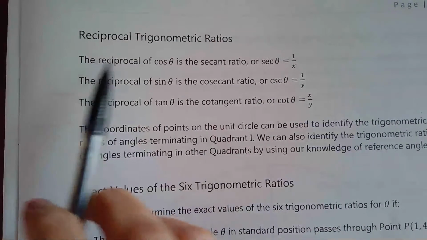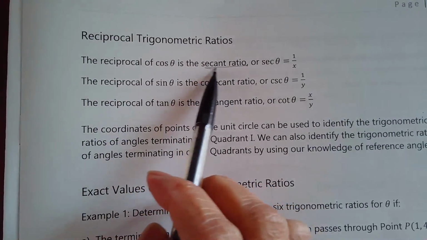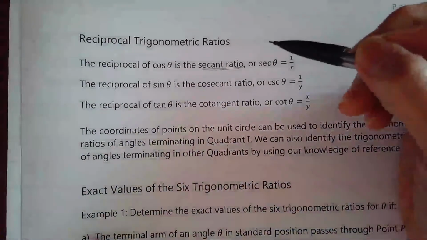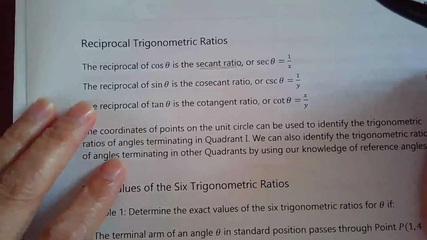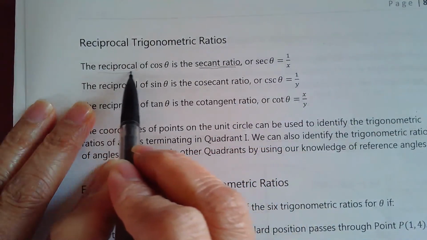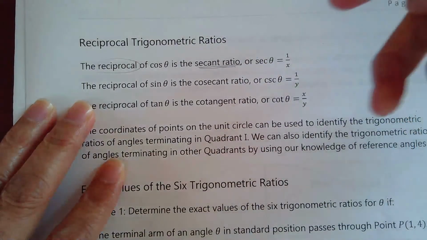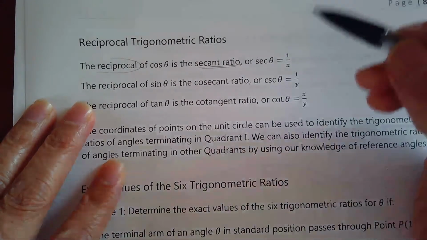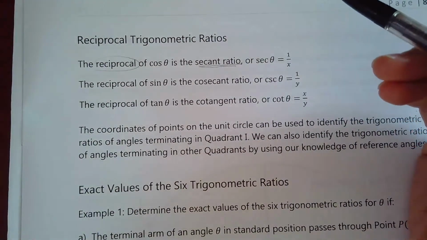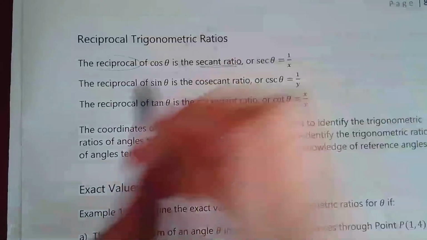So the reciprocal of cos is the secant ratio, SEC, secant. Well, stop right there. What does reciprocal mean? Reciprocal means when you take the numerator and the denominator and flip or switch the places.